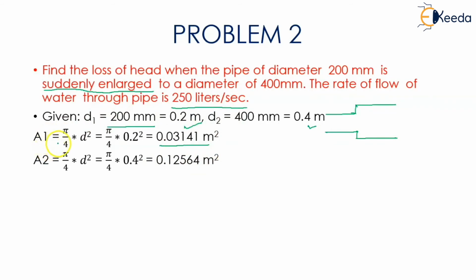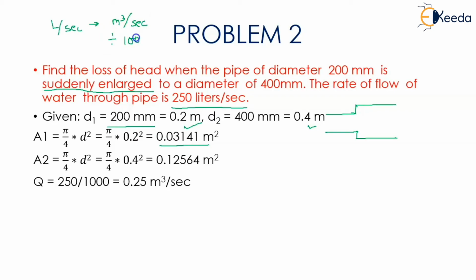Now in the question you are given the discharge as 250 liters per second. To convert liters per second into meter cube per second, we need to divide the given value by 1000. So 250 divided by 1000 gives you 0.25 meter cube per second.